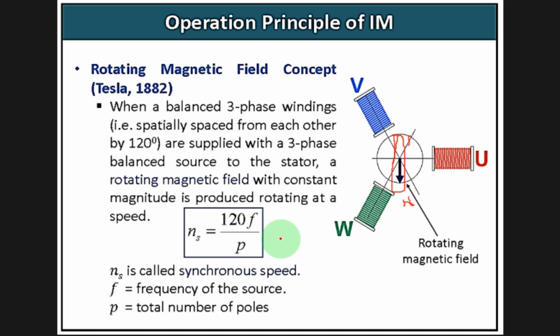It is 120 times frequency divided by number of poles. This equation you have to remember. By this you can calculate the synchronous speed. That means in steady state, the speed of the rotating field is given by this. It's called synchronous speed.